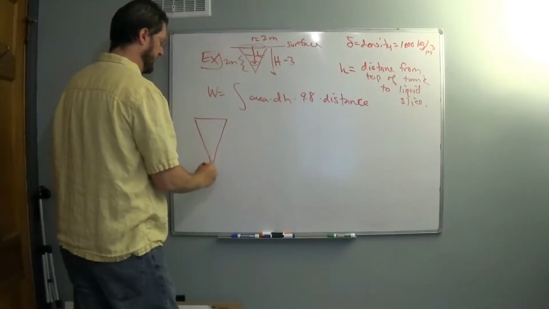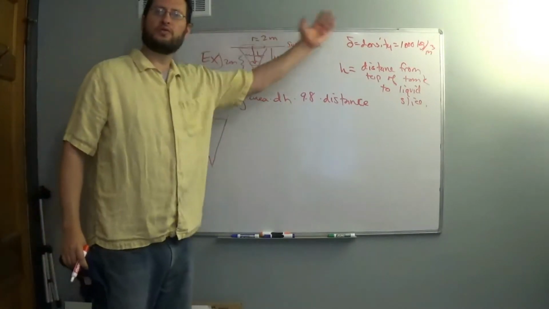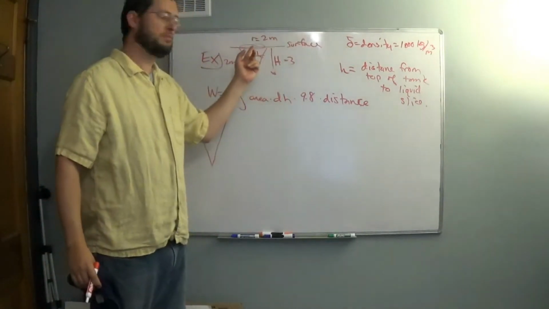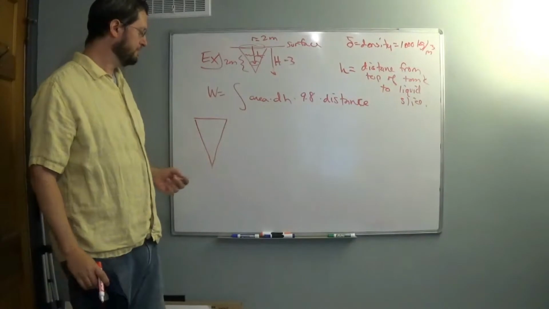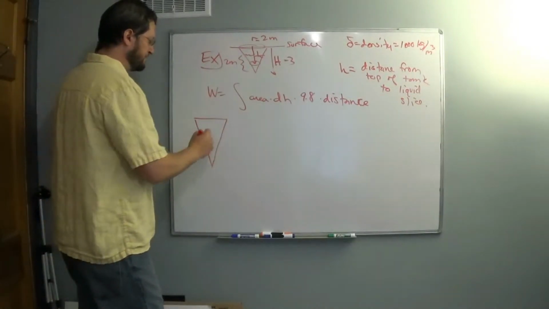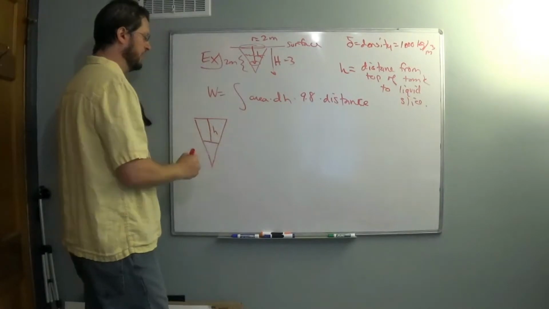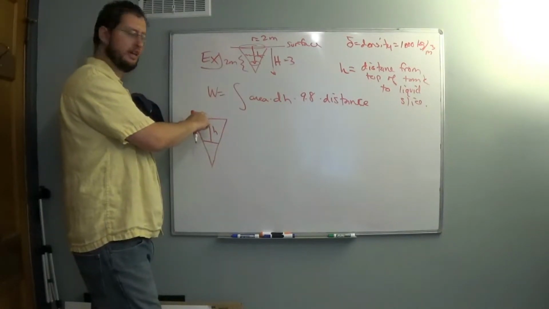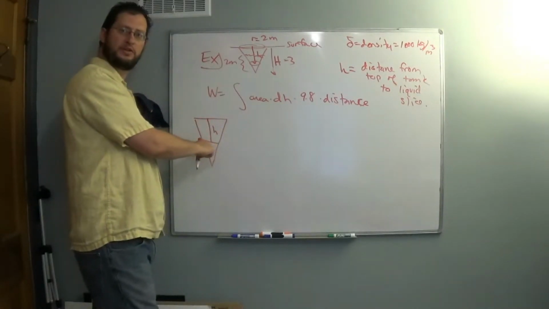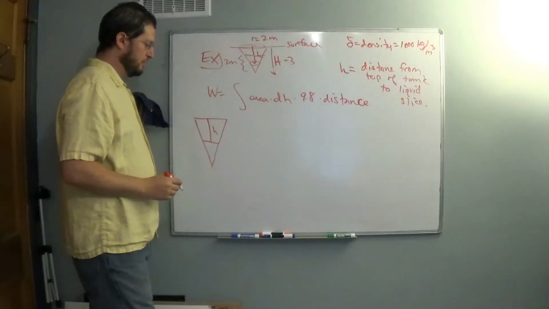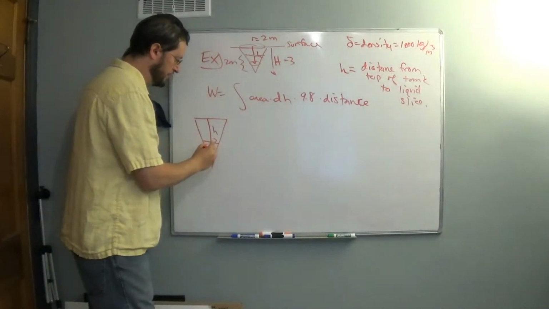Well, we think about it like this. If I slice my cone vertically, right through the middle, it looks like a triangle. This is H. H is the distance from the top of the tank, or the top of the triangle, down to some unknown slice. What I need to know is, what is this right here?